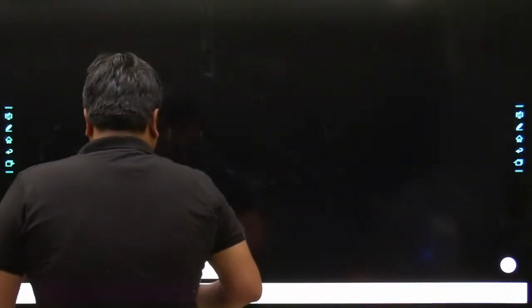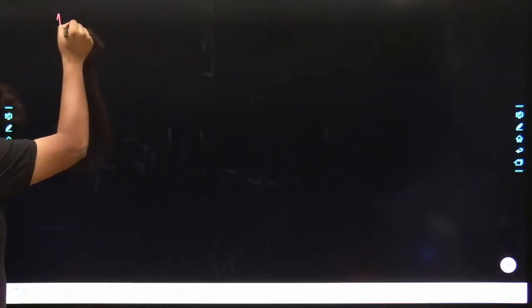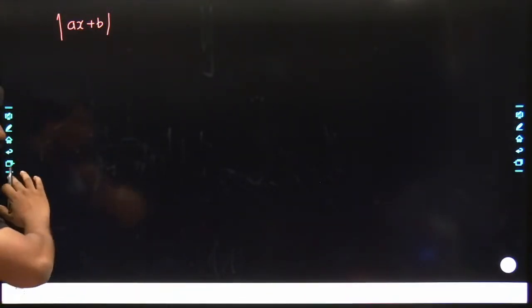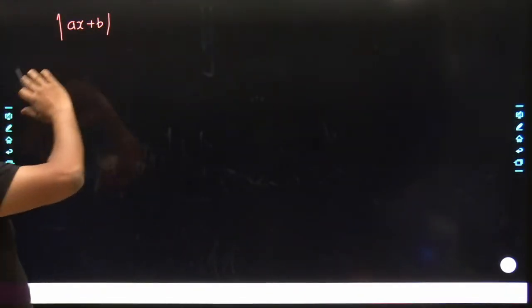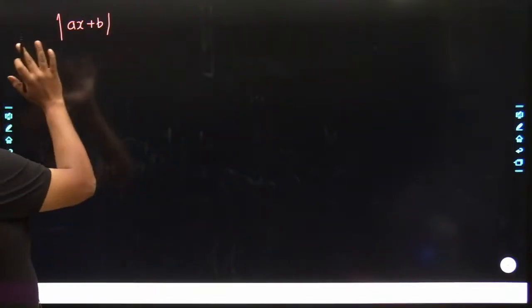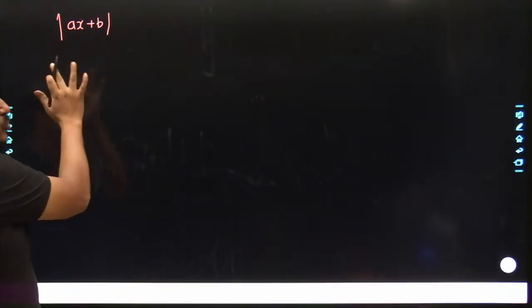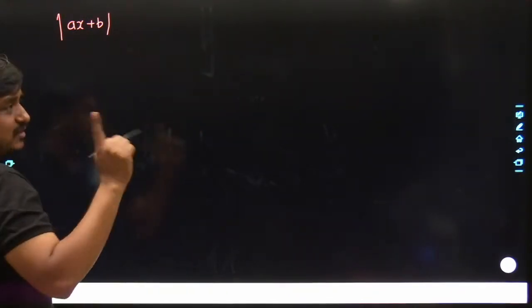So let me take another problem. For the time being, I have taken the broadest form of the absolute function, without drawing or sketching its xy-plane curve. May I know what would be the critical point, taking the reference of which it would get distributed as two different straight lines? That's the first thing.